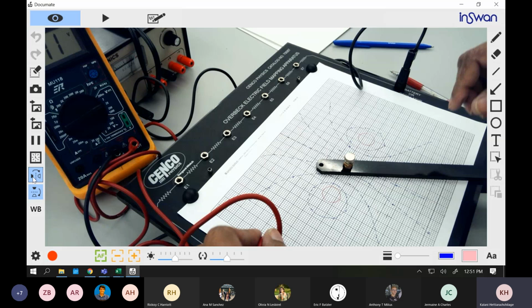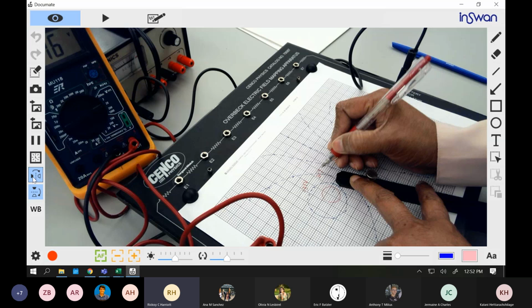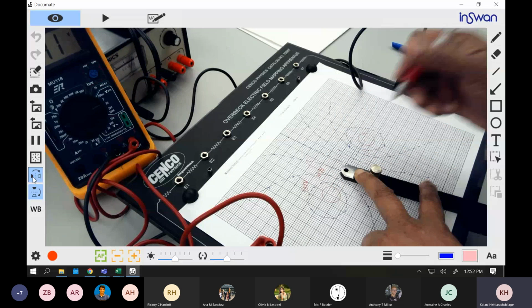So I have 1.31 volt. I'm going to write that down here. Then you move to the second one and measure that voltage, that is 2.17. I'm going to write those numbers on the table in a minute. The third one is 3.41.